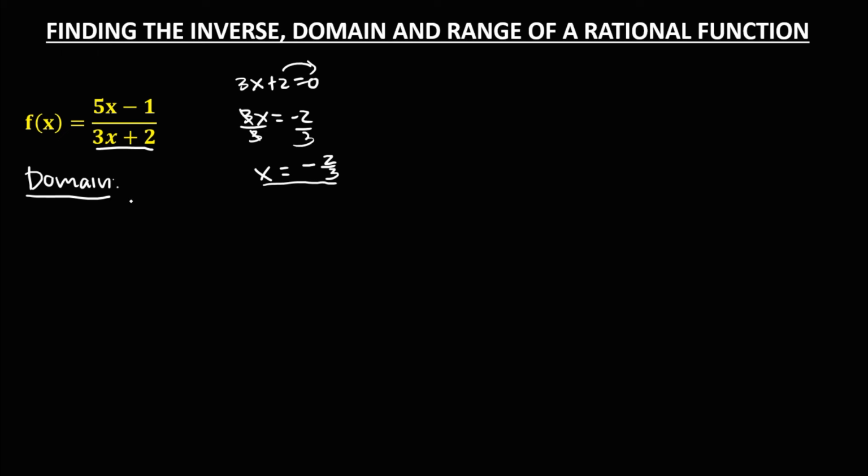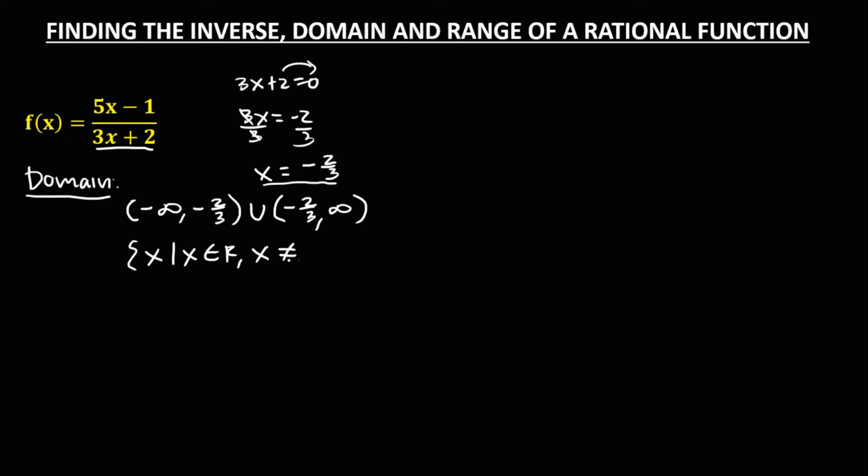So for the domain, that's negative infinity to negative 2 over 3, then union negative 2 over 3 to positive infinity. Or x such that x is an element of the real numbers and x is not equal to negative 2 over 3.